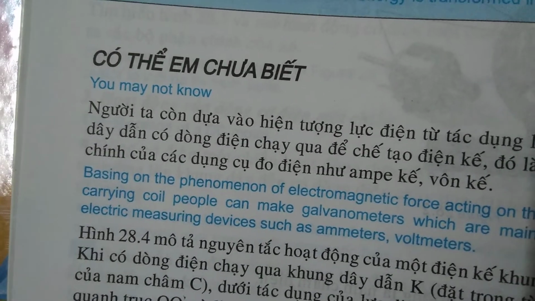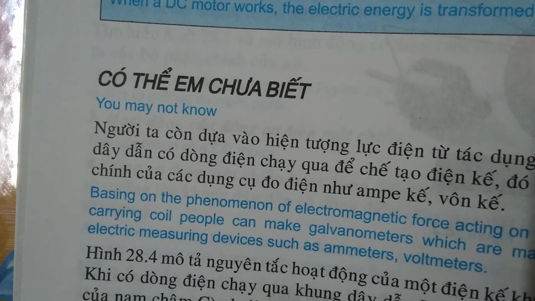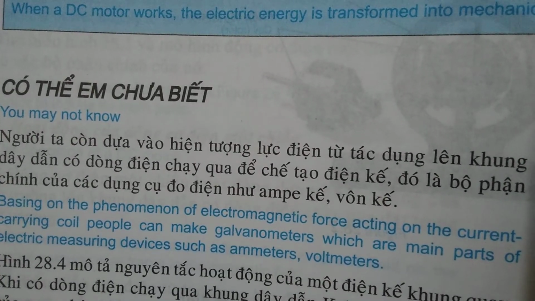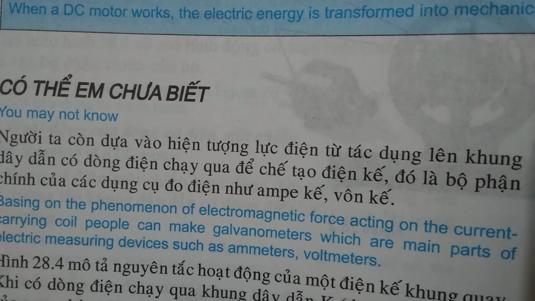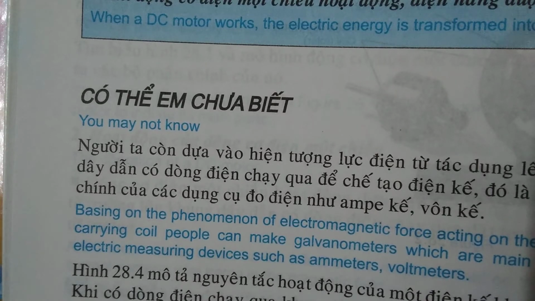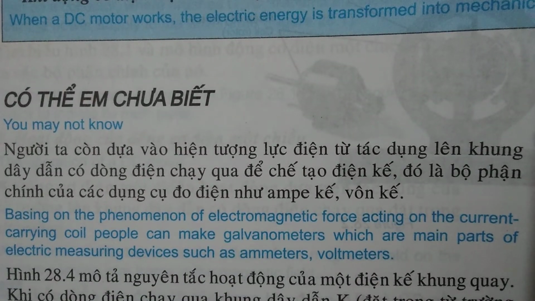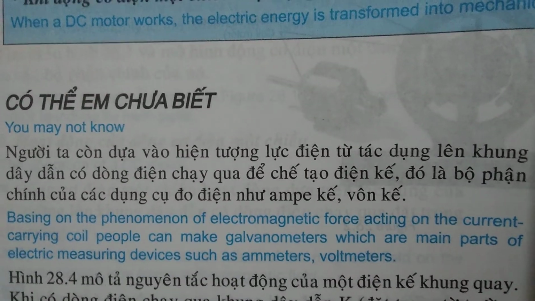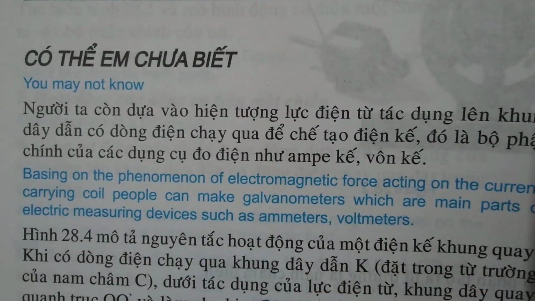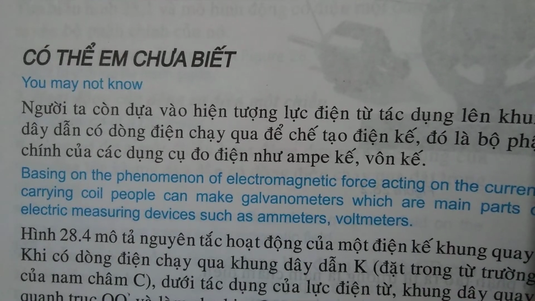You may not know, based on the phenomenon of electromagnetic force acting on the current carrying coil, people can make galvanometers, which are main parts of electric measuring devices, such as ammeters, voltmeters.